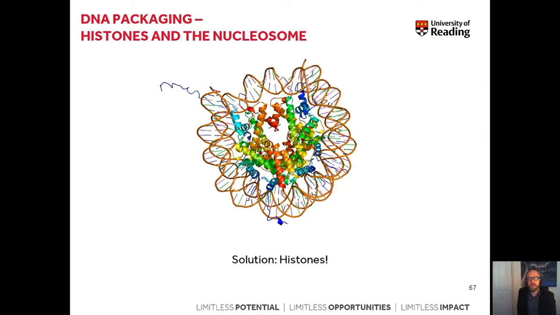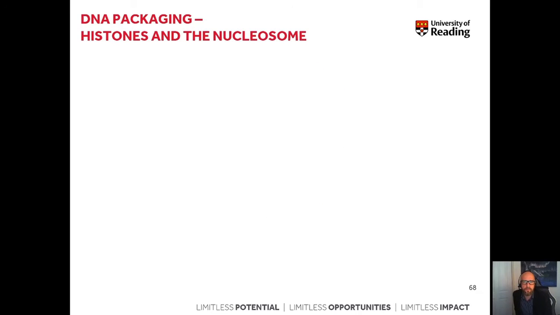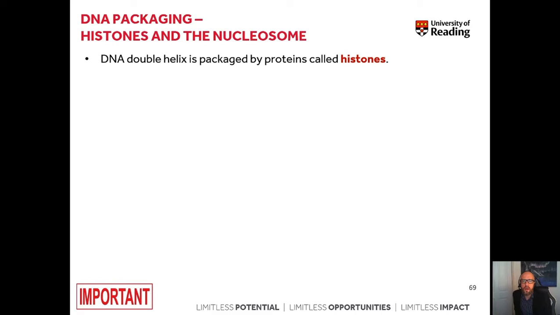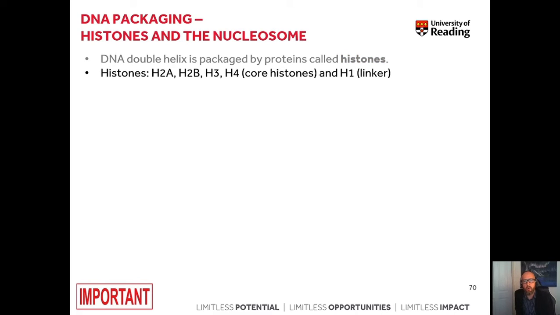And the solution here are structures called histones. So what are histones? Histones are proteins, and there are quite a few of those. We have the core histones, H2A, H2B, H3 and H4, and also a linker histone called H1.